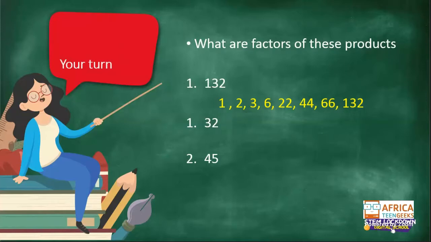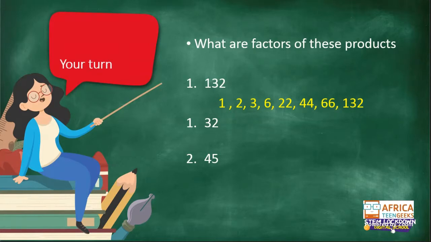So the numbers that we're writing are the factors of 132, because the question says, what are the factors of these products? We're still looking at number 1. So we said the first one is 1, 1 multiplied by 132. The second one is 2, 2 multiplied by 66.